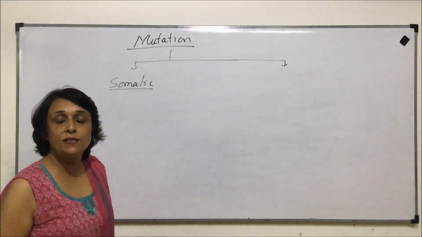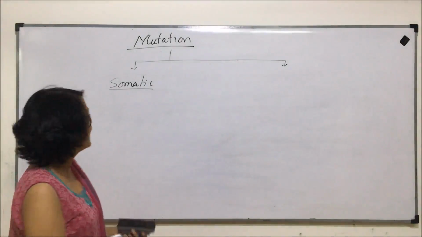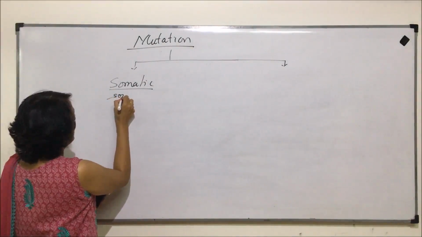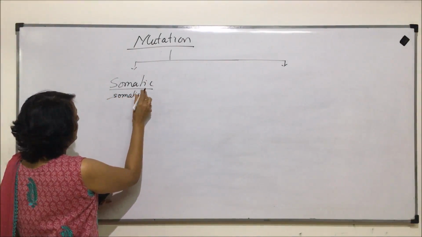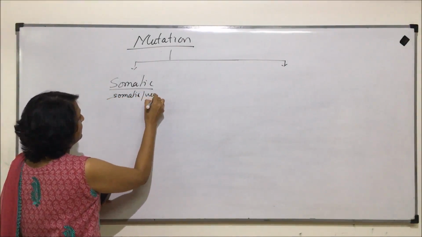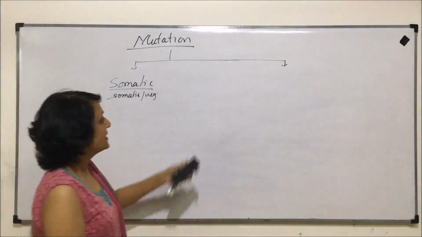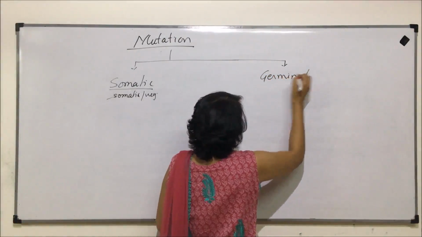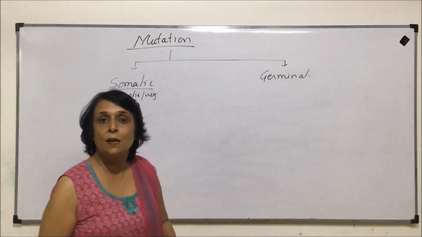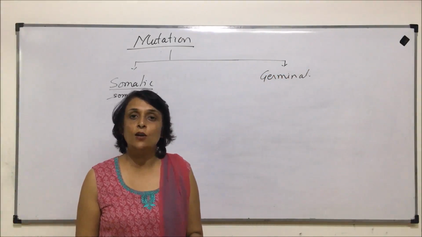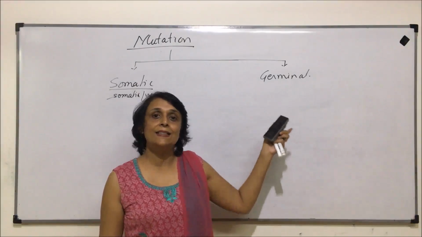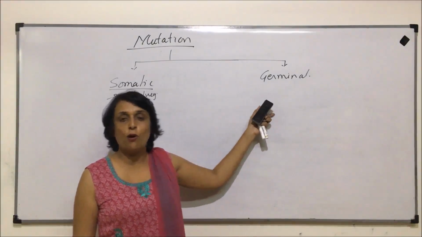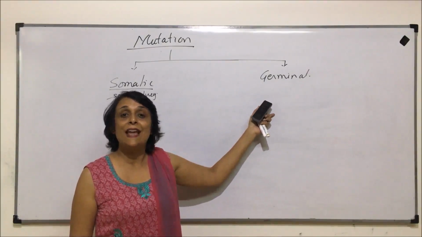Somatic mutations means the mutations which take place in the somatic or vegetative cells. Whereas the second category would be germinal. Germinal cells or the germinal epithelium is found in the lining of gonads. And these are the cells which are responsible for formation of the gametes.